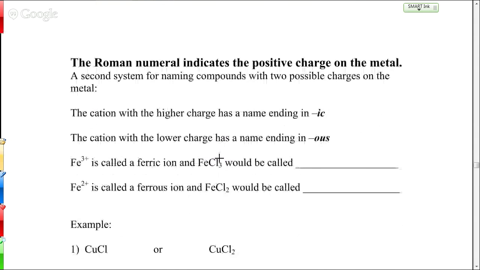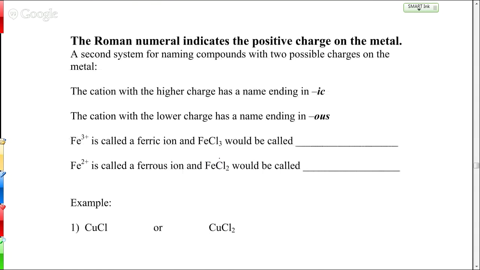The Roman numeral indicates the positive charge on the metal. So that means that FeCl3, what's the charge on the metal? It's 3+, because we need 3 chlorides to balance it out. So we would call this one iron(III) chloride.